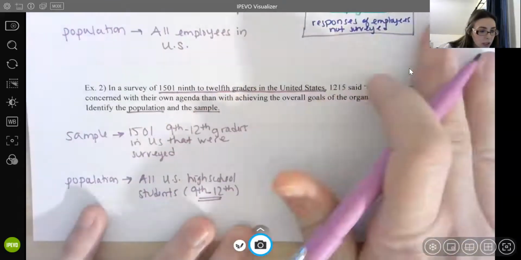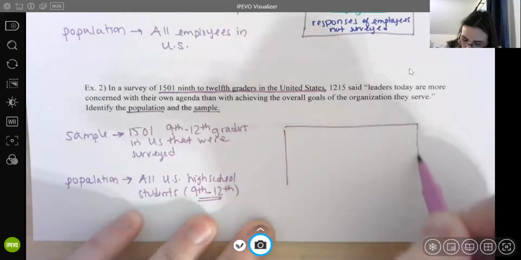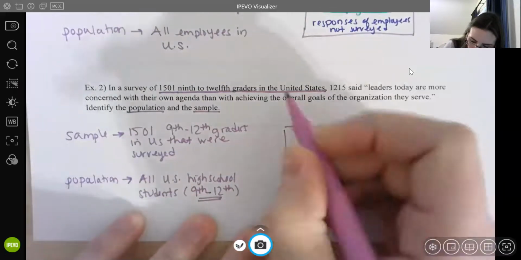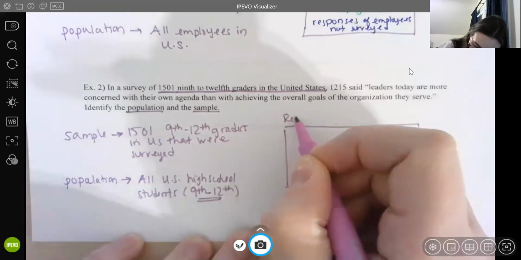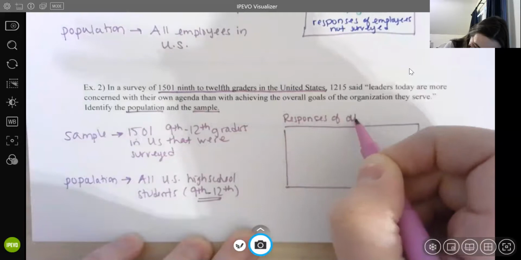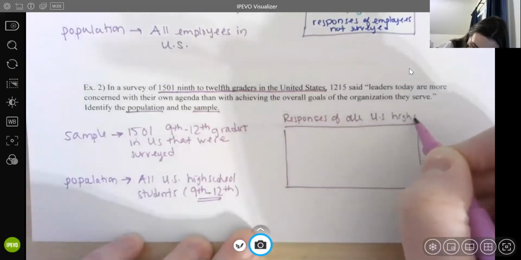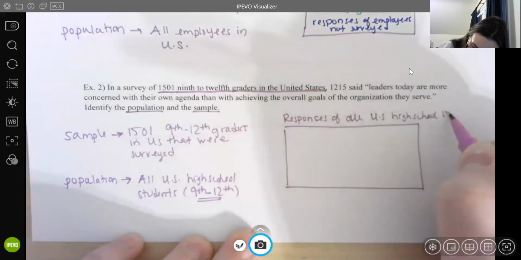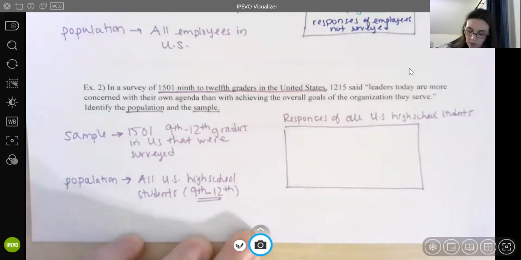Again, if you like pictures, you can think about doing a Venn diagram here. So our overall population would be, again, if we were to get the responses of all US high school students, right? So again, 9th through 12th grade.